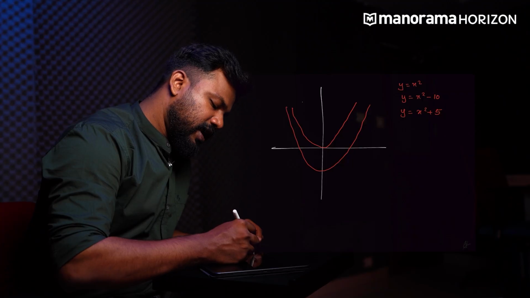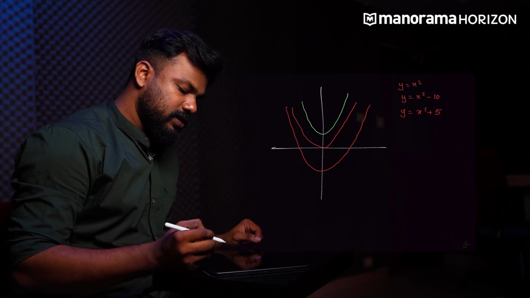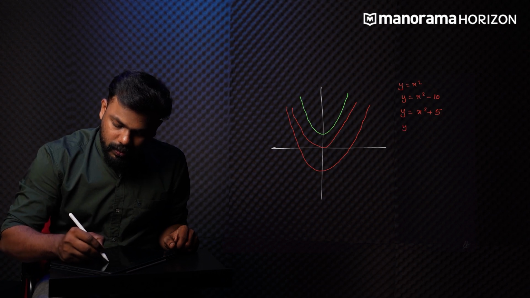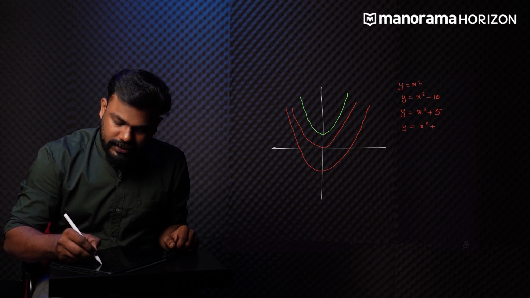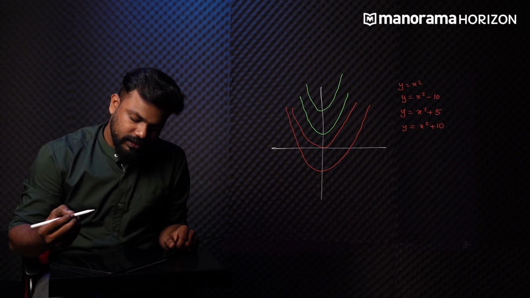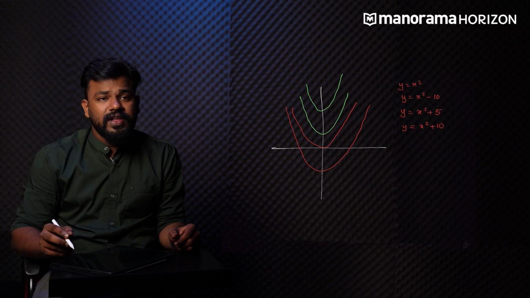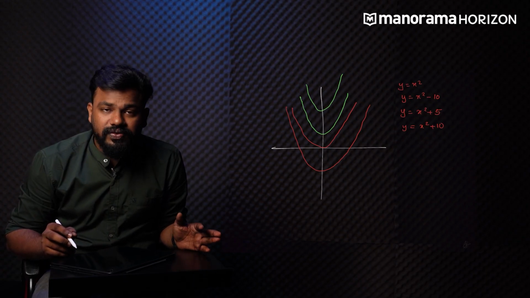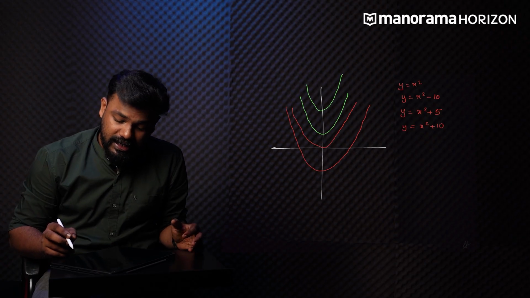That graph can look like this. And another one, y is equal to x square plus 10. That one might look like this. So there are 4 different graphs that I have drawn over here: y is equal to x square, x square minus 10, x square plus 5 and x square plus 10.